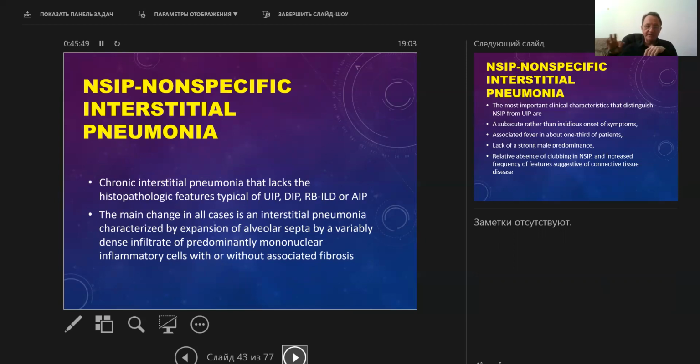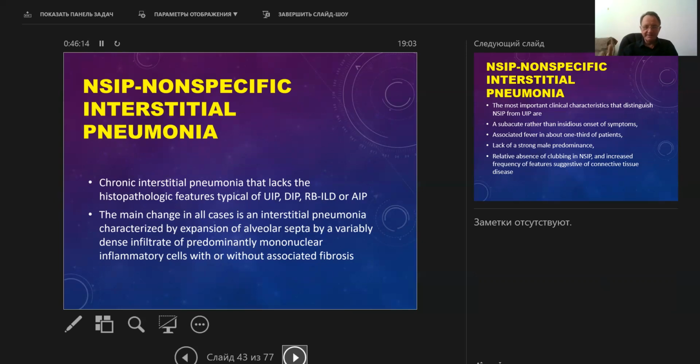In case of IPF, it's fibrosis. In case of non-specific interstitial pneumonia, it's the presence of inflammation. It's a very important thing because histologically it's an infiltration of mononuclear inflammatory cells, which produce pro-inflammatory cytokines.